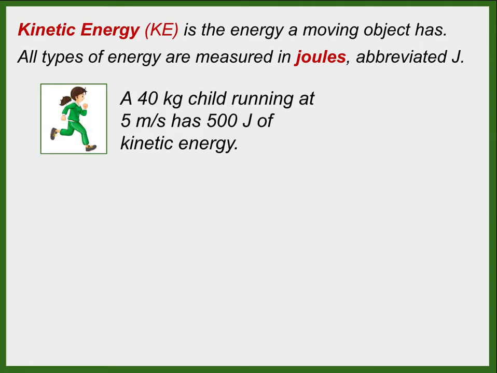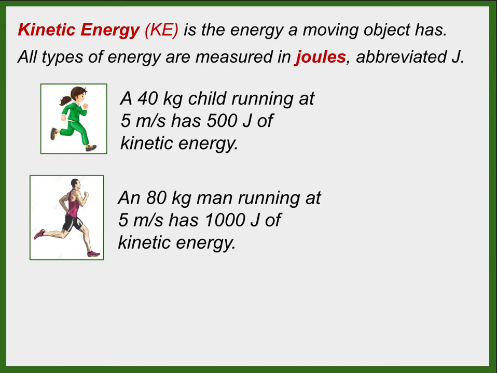To give you a sense of how big kinetic energy is, if there's a child that's running at a decent rate, 5 meters per second, she'll have 500 joules of kinetic energy. If instead there's a man who has twice the mass running at that same speed, he'll have twice the kinetic energy.